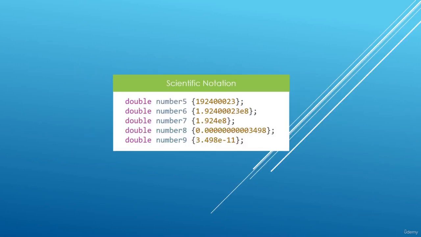And another format we can use with floating points is scientific notation. It is basically a way we can use a power of 10 multiplier to multiply with our floating point number. So for example here, number 5 is going to be this number, 192400023.